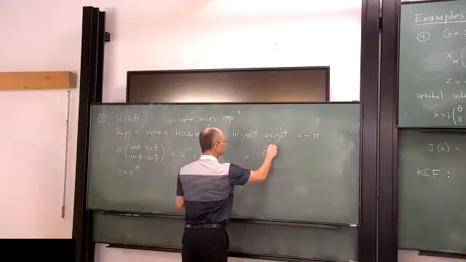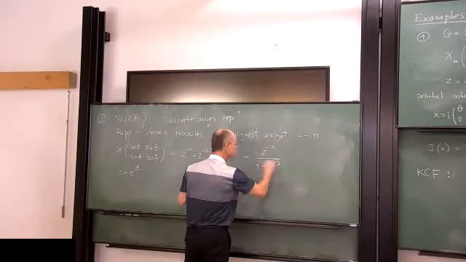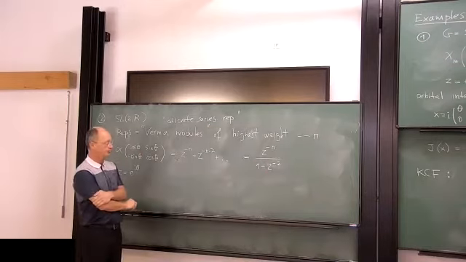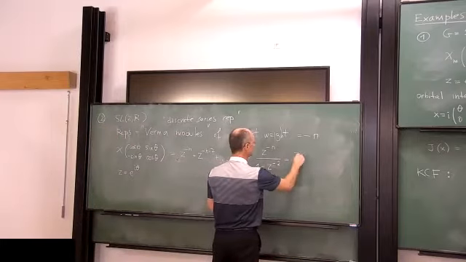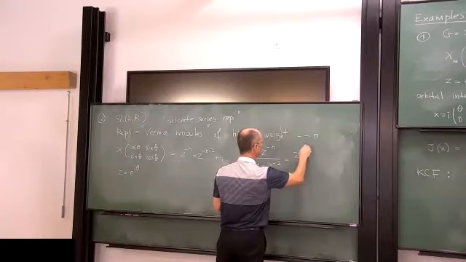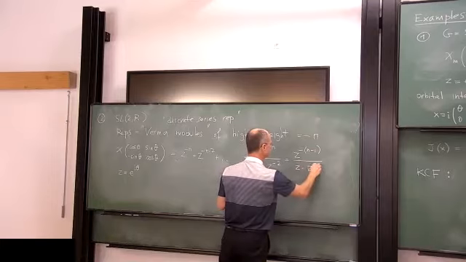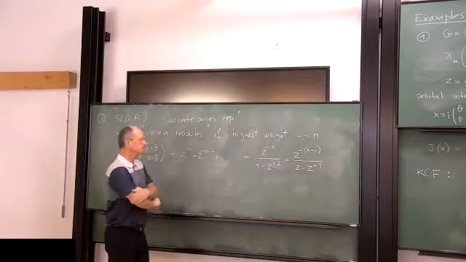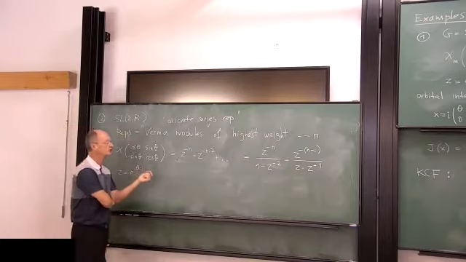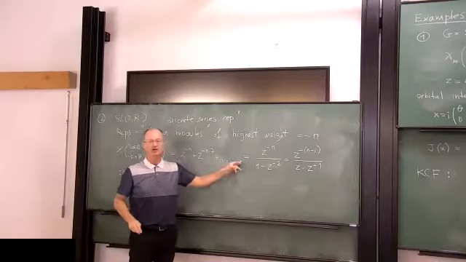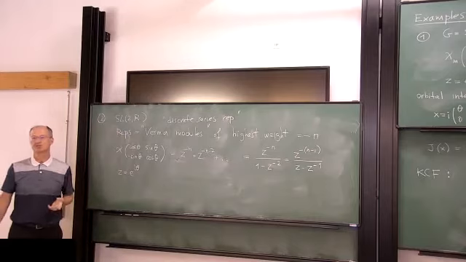Now, for our purposes, what is important is not the representation itself, it is the character. And the character is now z to the power minus n over 1 minus z to the power minus 2, right? Or we can say it's z to the power minus n minus 1 over z minus 1. And already here, you see there is a little bit of a problem. The series that I wrote is strictly speaking not absolutely convergent.